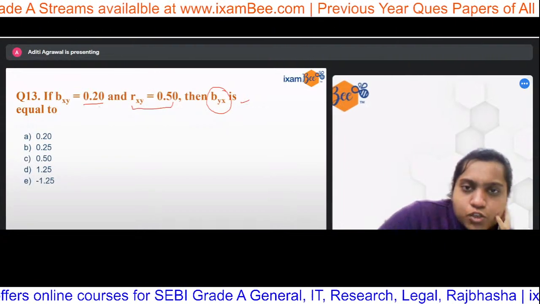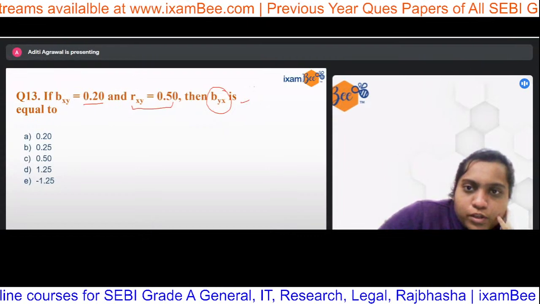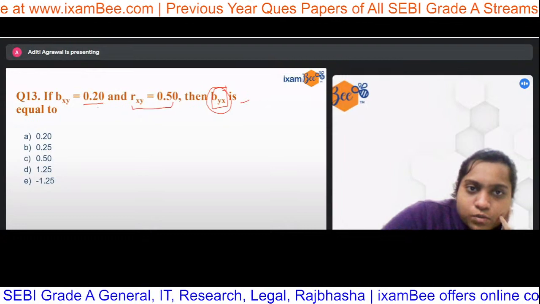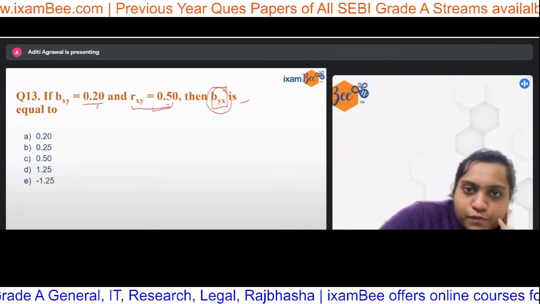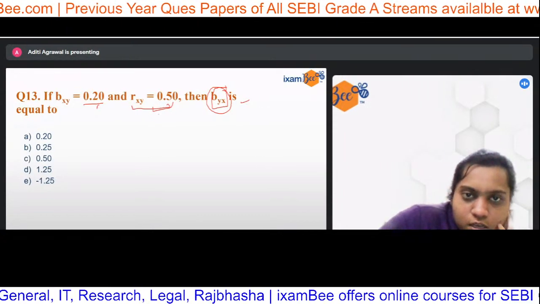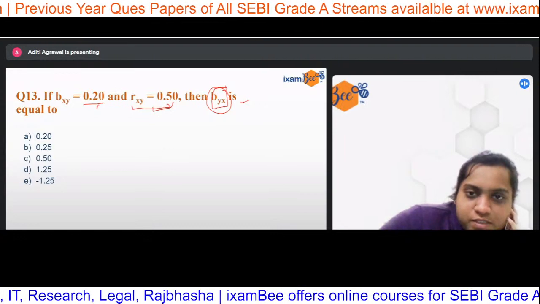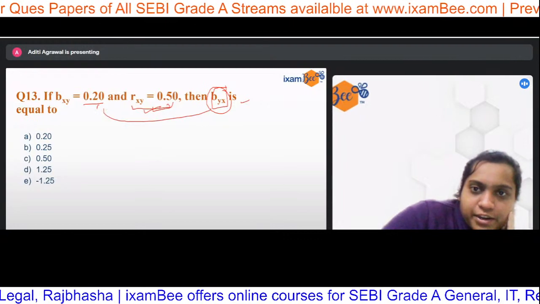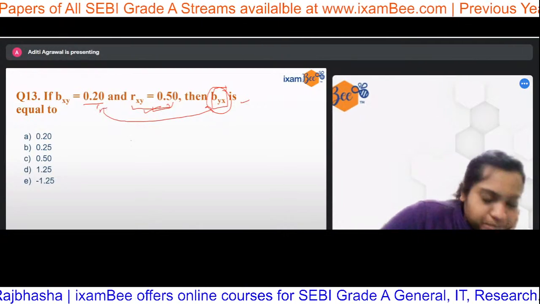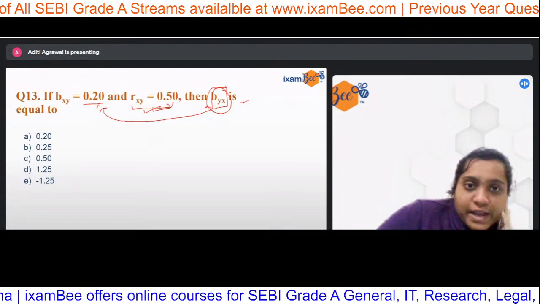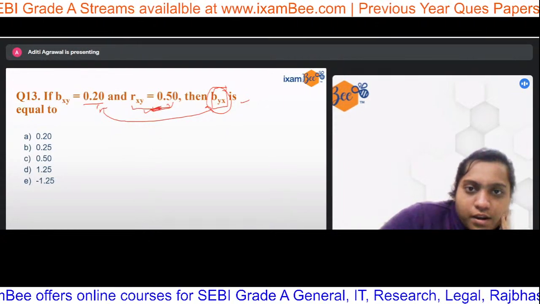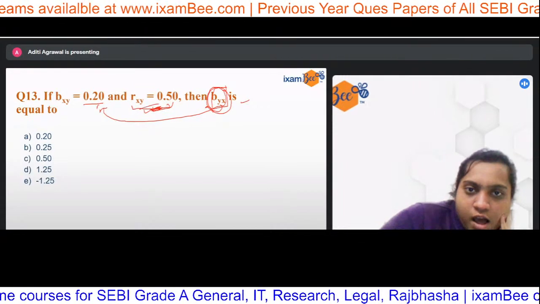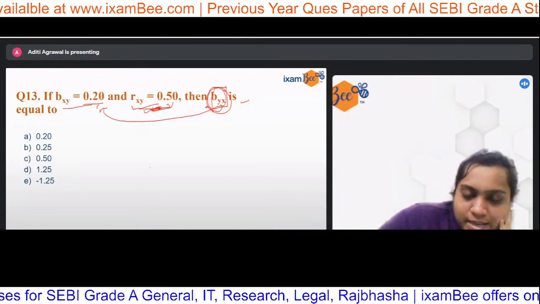So one of the regression coefficients is not known to us, the other is known, and the correlation coefficient between the two variables is known. We just discussed in the previous slide that the correlation coefficient is the geometric mean of these two regression coefficients. So how will you get the value of byx when rxy and bxy are given?